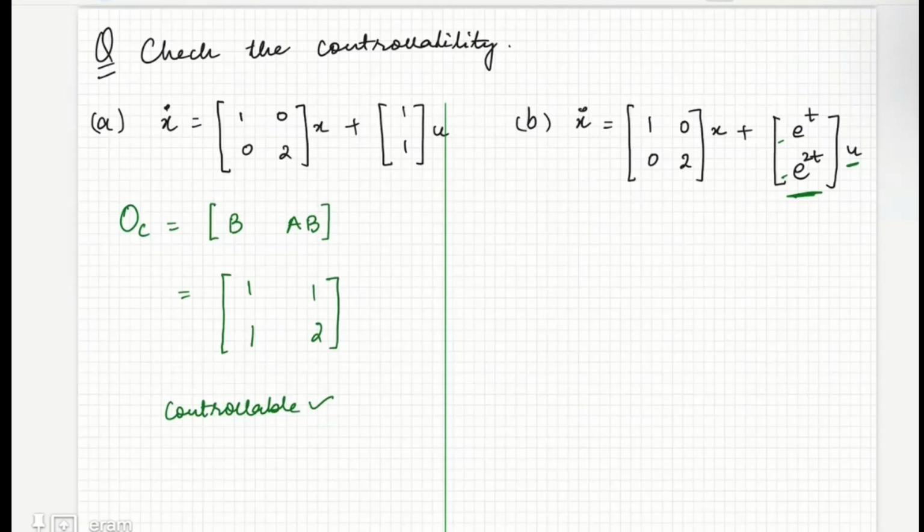Because this matrix will not give us any information, this condition is explicitly for linear time invariant systems. Since this is a linear time varying system, we must go through calculating the controllability Gramian matrix.